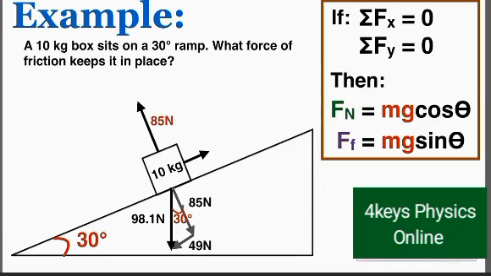So the force that we are looking for is 49 Newtons, which is equal to the horizontal component of our gravitational force. So remember that these forces balance out and they give you a 0. So we have plus 49 minus 49 for the friction there. So the answer is 49.